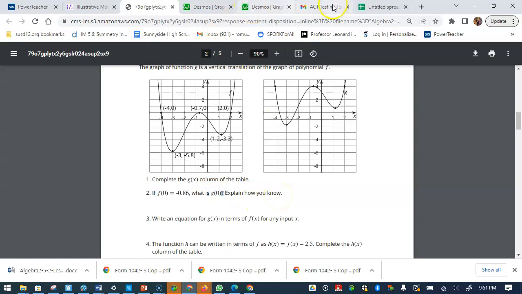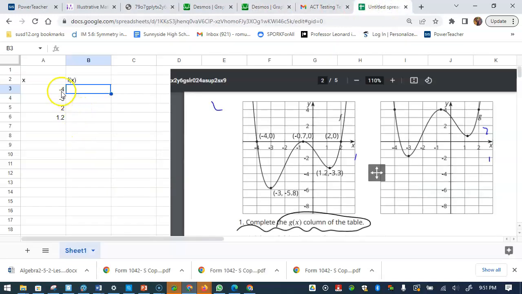So let me go directly to the spreadsheet that I did. So this is x. The first column is the input for the function f here. You can see -4 is 0, so that's 0. -3 is -5.8, so I put -5.8.